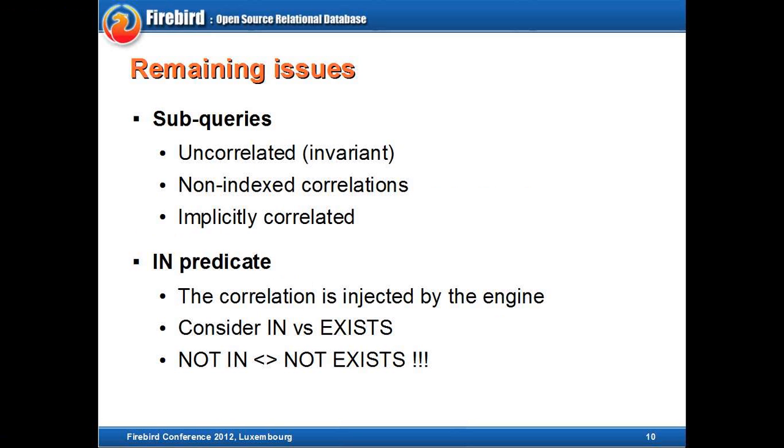And one more part of the known issues is related to subqueries. Maybe it's the most well-known set of problems. The obvious one is when you have a subquery which is not correlated to the outer query.